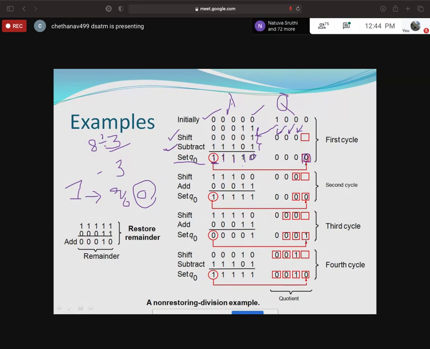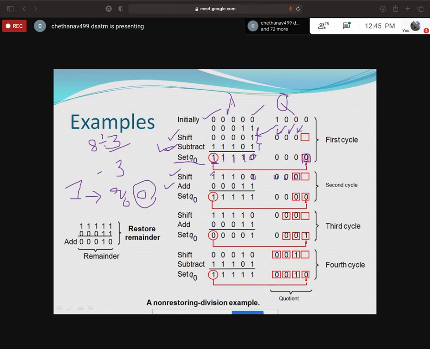In the next step, don't do subtraction, do the addition. Previously, after shifting, you were doing subtraction. No, don't do subtraction, add it. So I'll take this value now and shift it: 0, 0, 0. On shifting, this is the value we get.